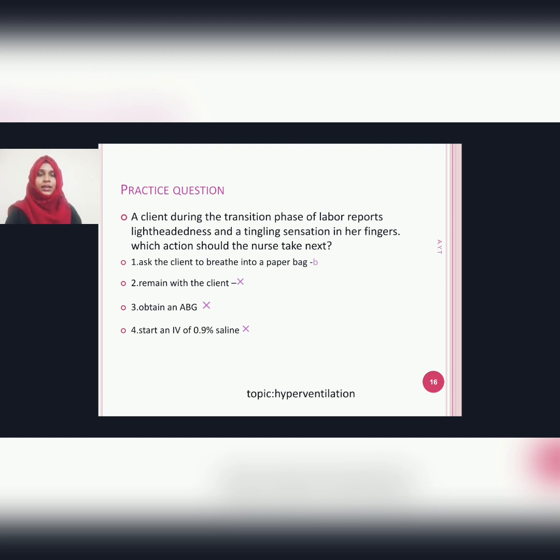Ask the client to breathe into the paper bag. That means the patient will inhale and exhale from the paper bag. So that could help the patient to rebreathe the carbon dioxide. Yes, that means asking the client to breathe into the paper bag is the correct option. So we finish with 4 important steps to eliminate the options, or 5 important steps to reach the correct answer.